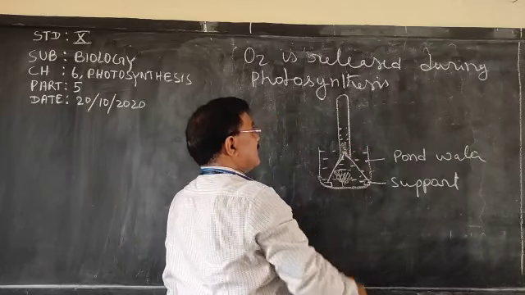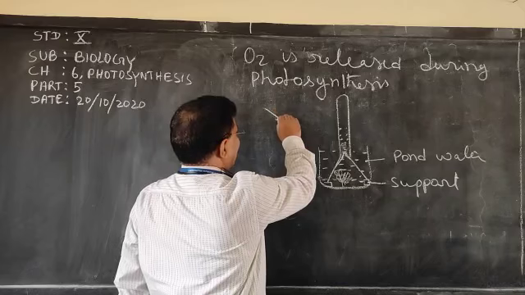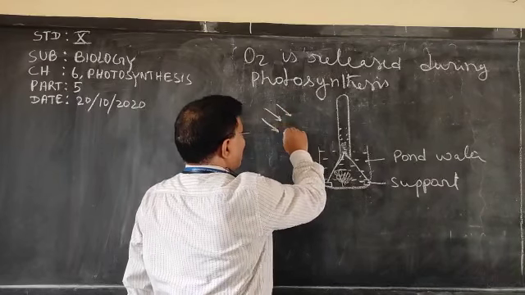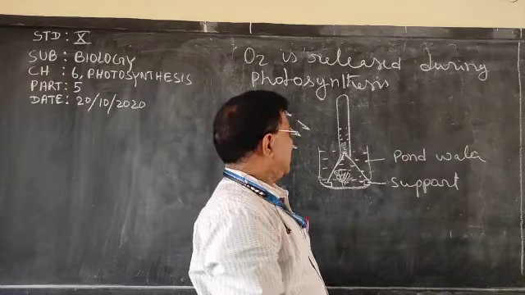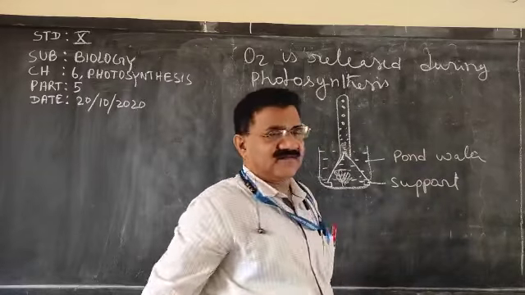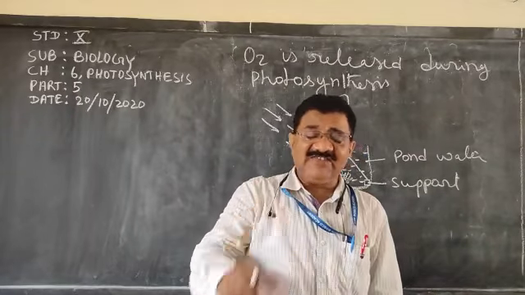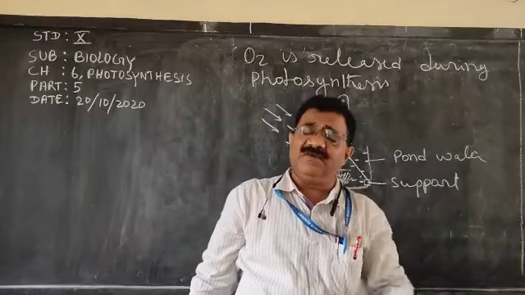Now keep this apparatus in sunlight for some time. What will you observe? You will observe air bubbles. Now, how can you check which gas is present in these bubbles?